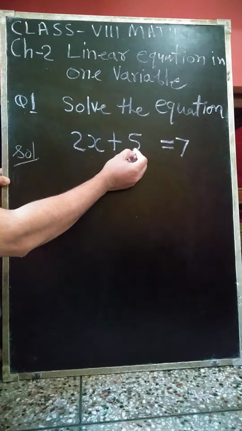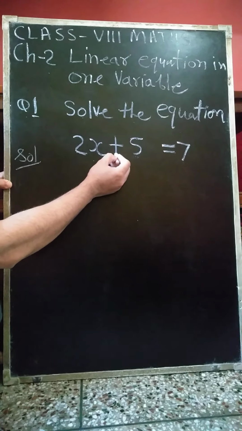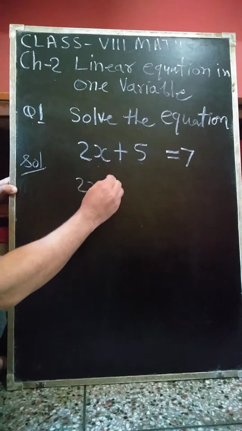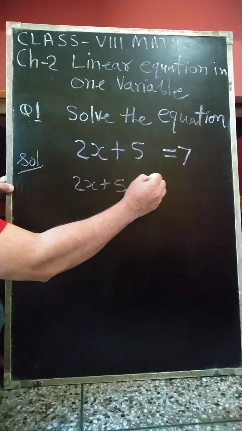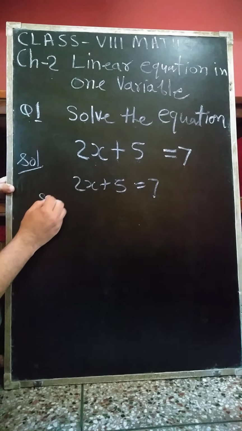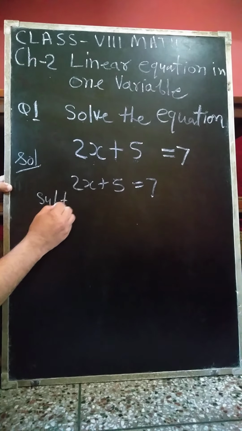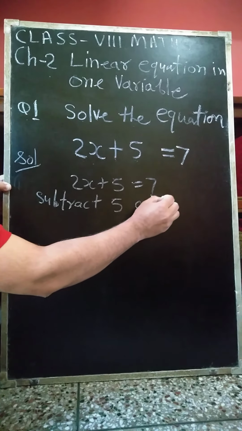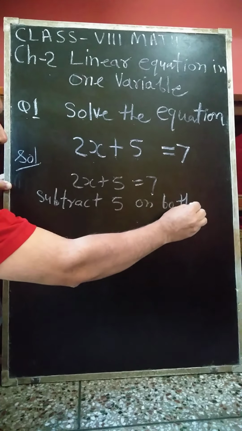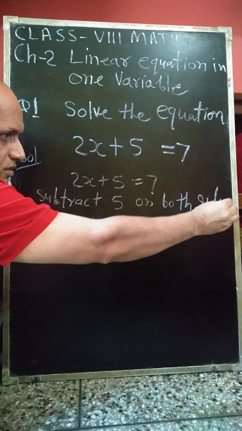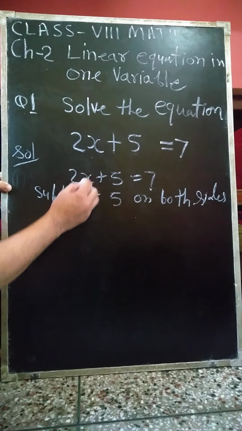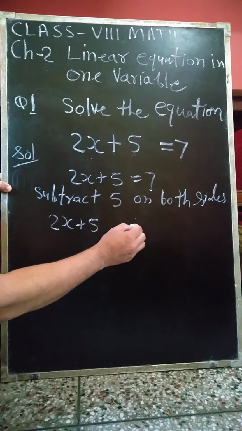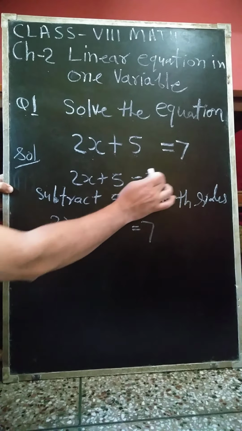Okay, 2x plus 5 equal to 7, subtract 5 on both sides. We will get 2x plus 5 minus 5 equal to 7 minus 5.